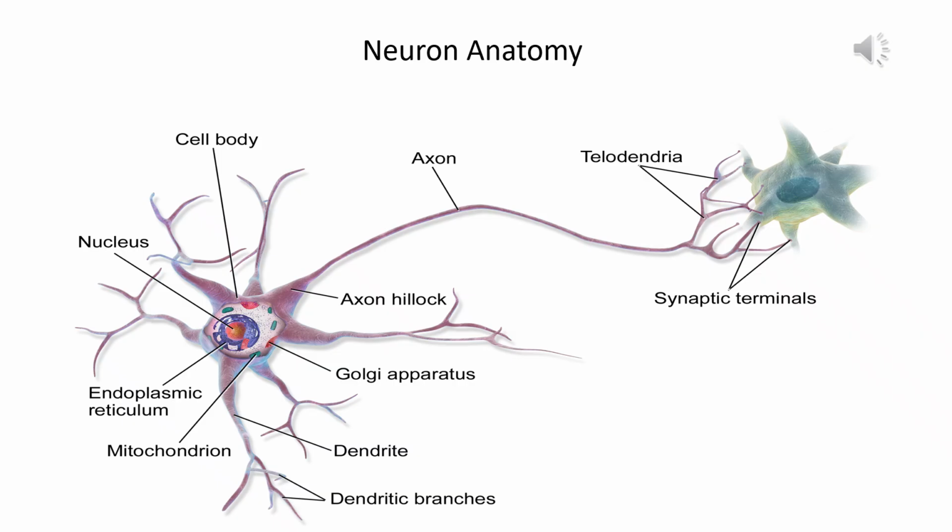The area there called the axon hillock. Inside the axon hillock, we have what is called the trigger zone. Remember, I referred to a polarized membrane as a trigger waiting to be pulled. Well, the axon hillock has the trigger zone. That's where the stimulus has to register threshold or better.